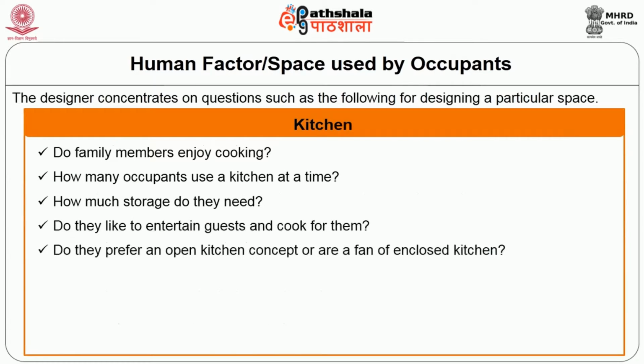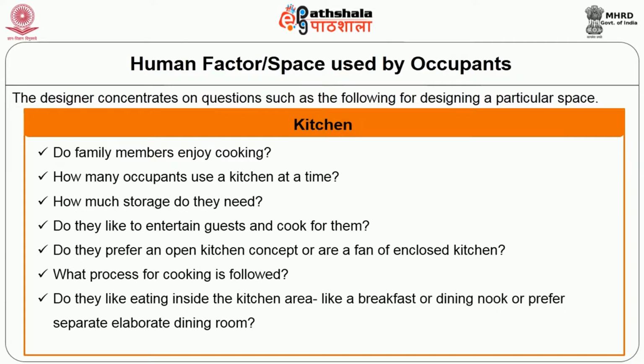Do family members enjoy cooking? How many occupants use a kitchen at a time? How much storage do they need? Do they like to entertain guests and cook for them? Do they prefer an open kitchen concept or are they a fan of a closed kitchen? What process for cooking is followed? Do they like eating inside the kitchen area like a breakfast or dining nook, or prefer a separate elaborate dining room?